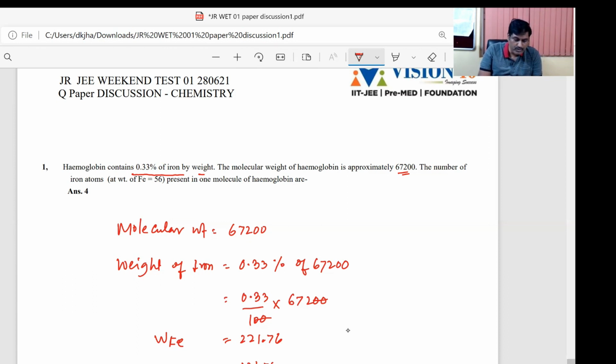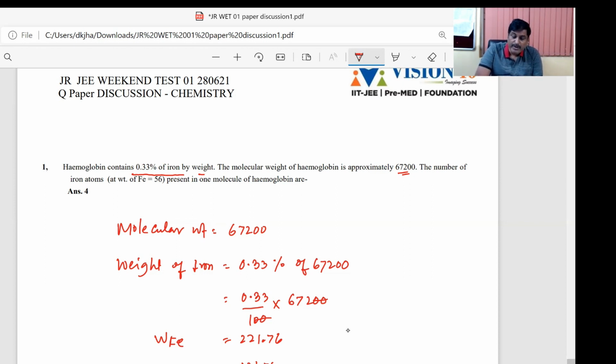That is 3.96. The number of moles of iron atoms present in this one is 4. The number of actual iron atoms is 4 into N_A, right? Good.